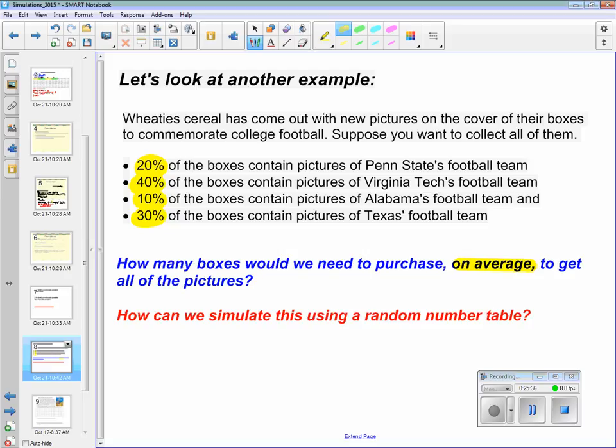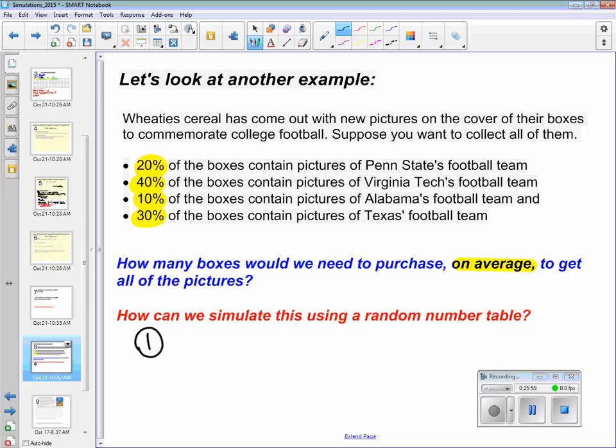Okay, so we're going to simulate this. We're going to use a random number table as practice, but you could also use your calculator. And let's figure out what we're going to do. Let's go through our steps. What is step 1? Describe it. What am I going to do? What am I simulating?